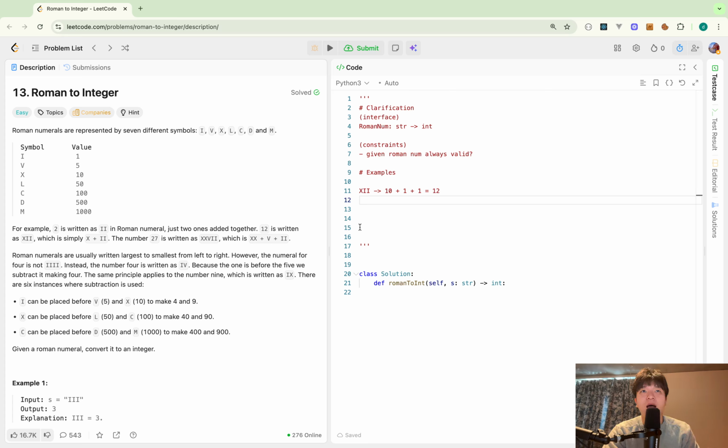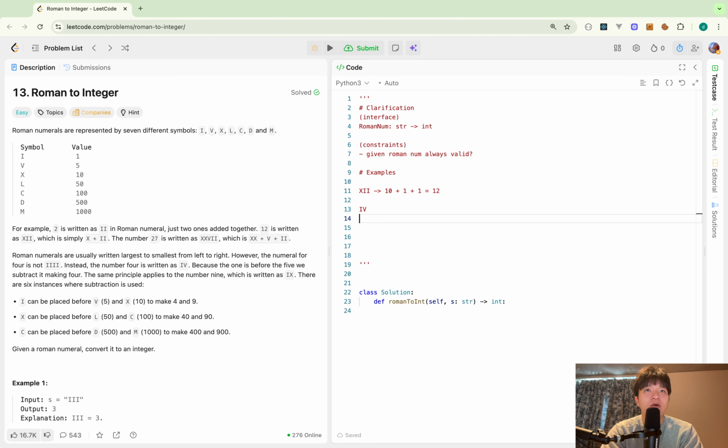So my task is how I can identify them. For example, if I have IV or IX, this I should be negative 1, and the X should be 10.